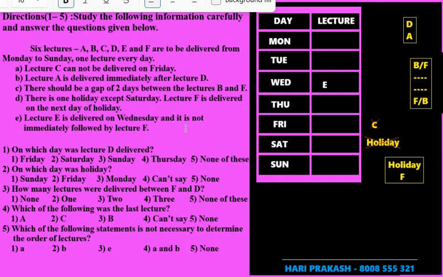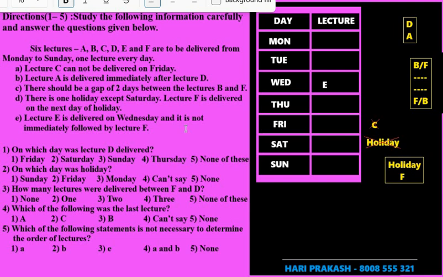It means that lecture F is there after E only, not at all before E. Lecture E is on Wednesday, that's why F cannot be delivered on Monday and Tuesday surely. But lecture F must be there after E only, but not immediately. It means that lecture F cannot be delivered on Thursday also.